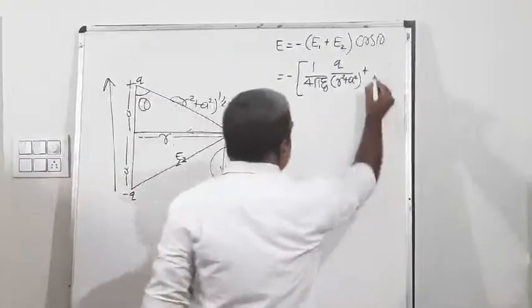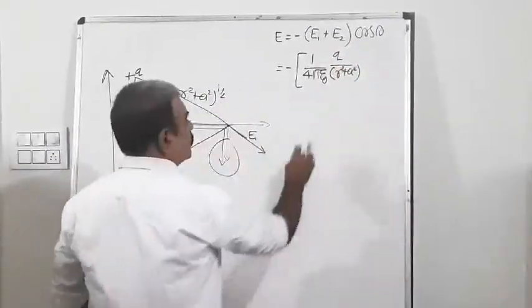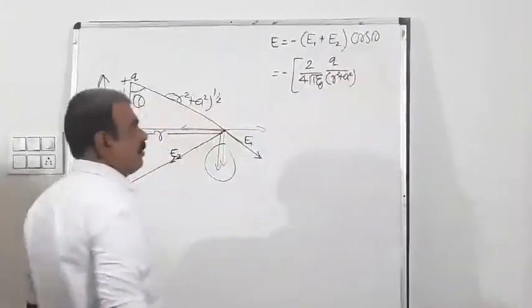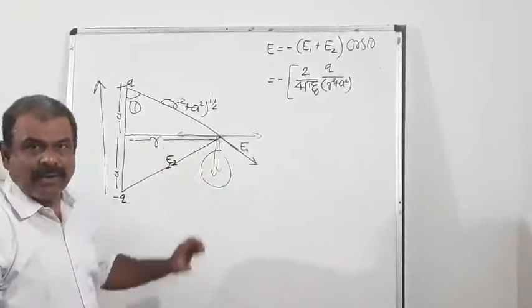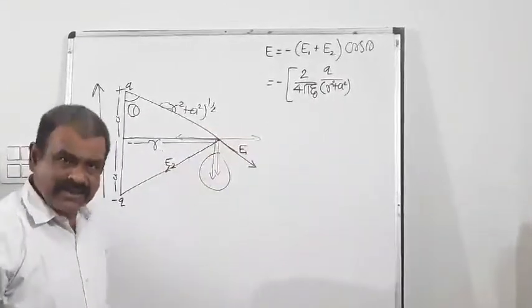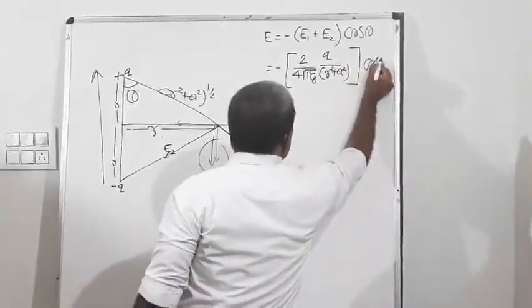In the same way, E2 will again have the same magnitude. So what we are doing, we are writing here 2, because E1 and E2 are both equal to 1 over 4 pi epsilon 0 q by r square plus a square, into cos theta.